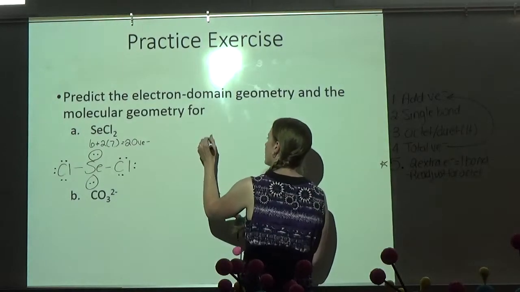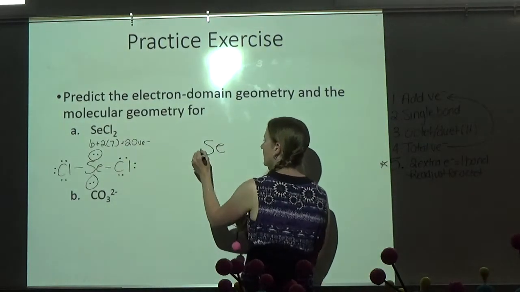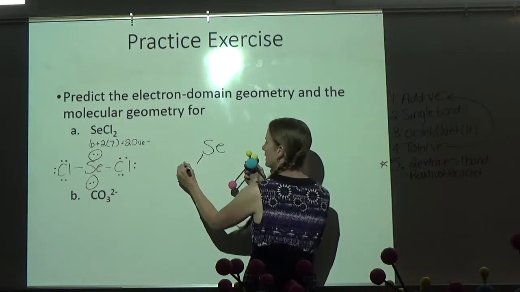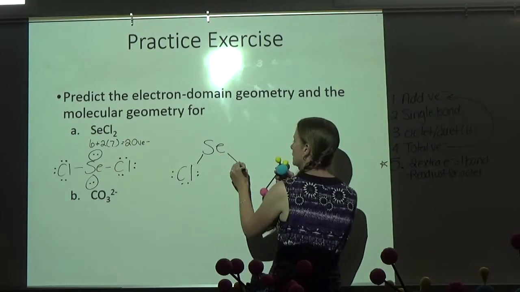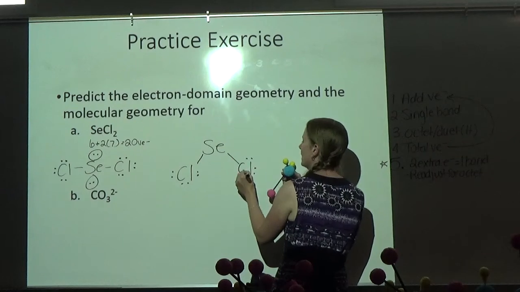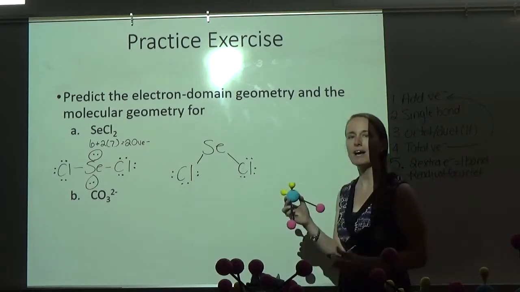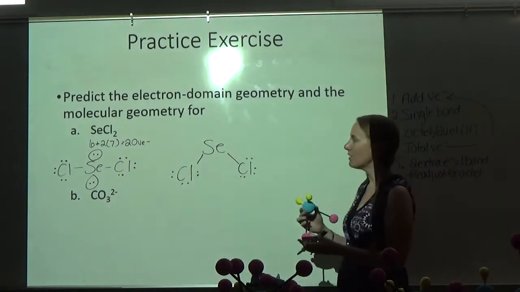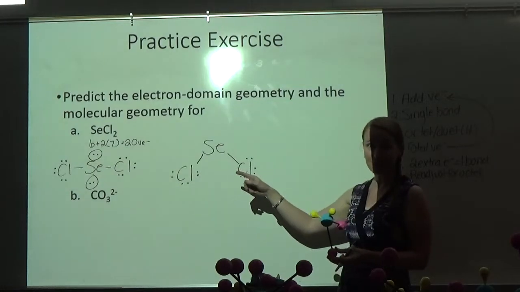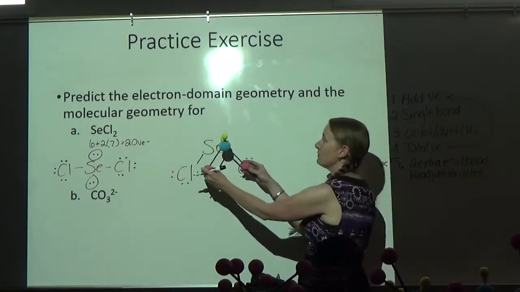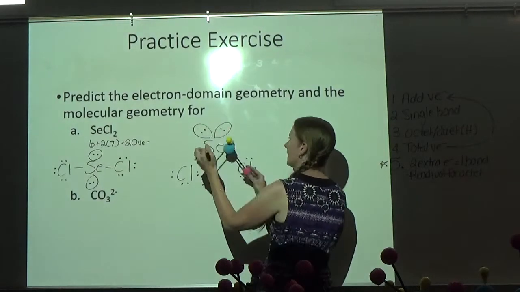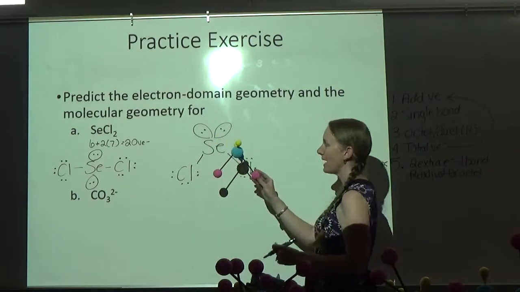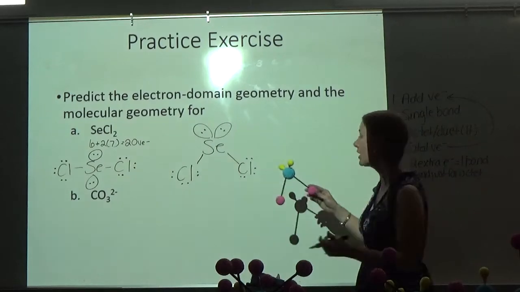To draw this, I would do my Se, and I'm going to do one of my Cl's down, but keep the dots. That's one of the things I found that y'all tend to do: once you make it 3D, you feel like you don't have to put all the lone pairs on the outside atoms. You still need those on there, y'all. And then we have 2 lone pairs on top. I do one like this and one like this to show one's coming out, one's going back.